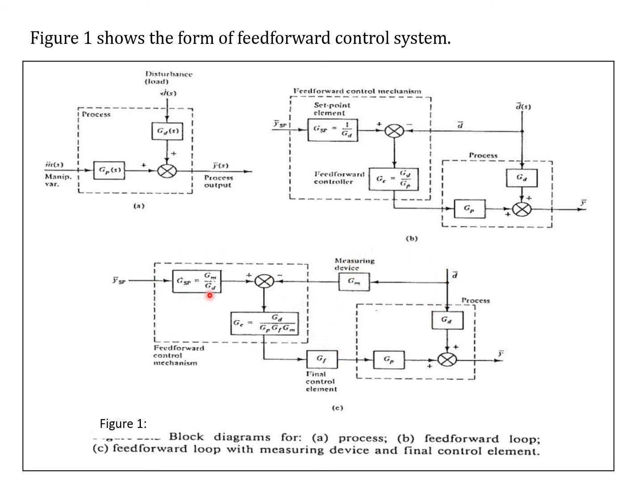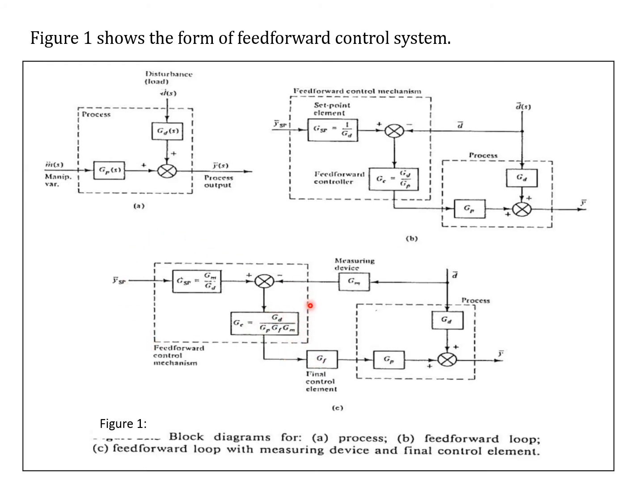With this slight modification, the GSP will become GM over GD, taking GD and the GM coming from the measurement, and then the feedforward element is GD over GP, GF, GM. Also we have the extra GF, the final control element, inside the loop being taken care of here. But this is the feedforward control.